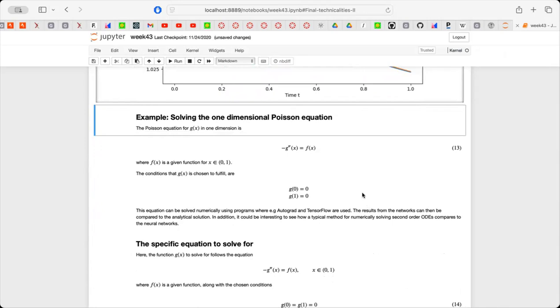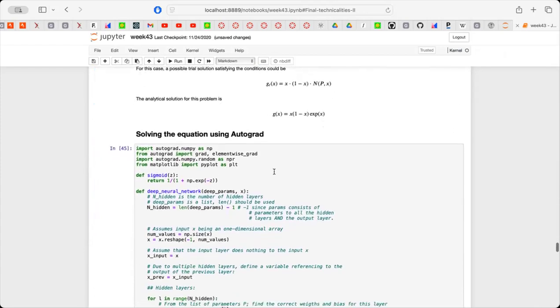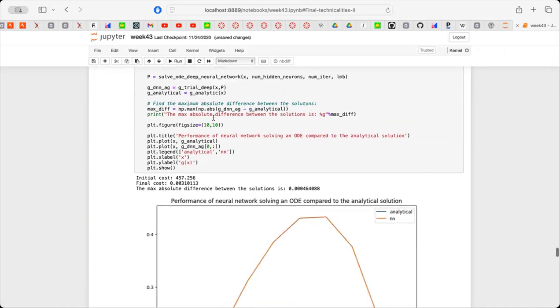The next case, which we looked at on the whiteboard, was this one-dimensional Poisson equation, which is given by this second-order differential equation. And this is a typical problem which we would solve by linear algebra. And if I use AutoGrad here, if I just rerun it, you see this is just the same type of equations.